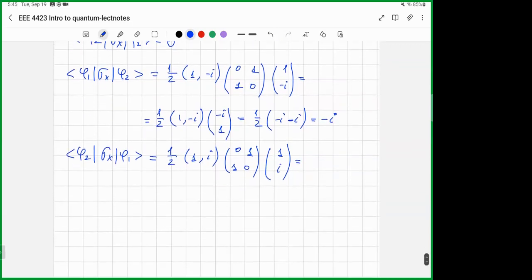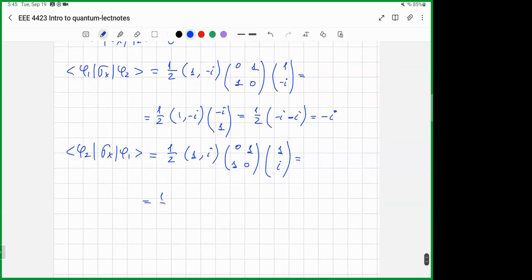Okay, the product of the matrix and the vector: 1 times i is equal to i, and 1 times 1 is equal to 1. Excuse me, 1 over 2, i plus i, which is equal to i. Okay.